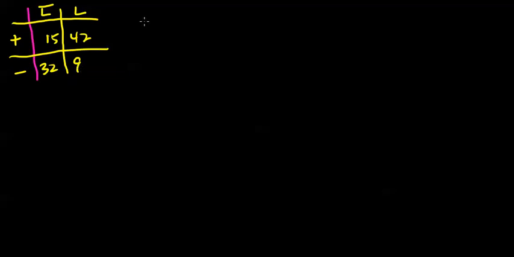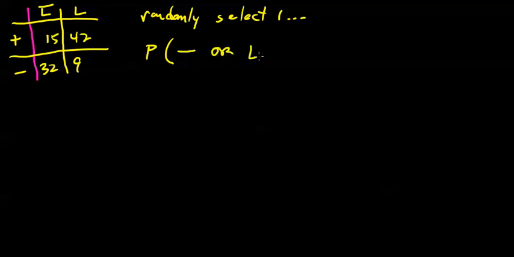Again, we randomly select one. Find the probability of a negative test or a not liar. So someone got a negative test or indeed did not lie.